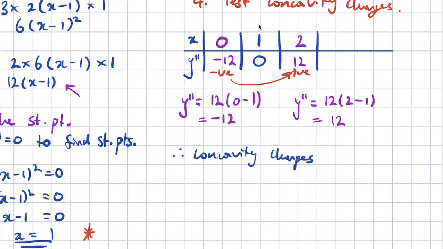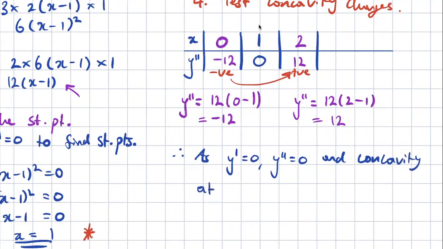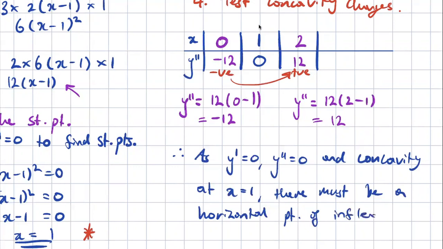Therefore, as y dash equals 0, y double dash equals 0, and concavity changes at x equals 1, there must be a horizontal point of inflection. And that's exactly what we'd expect on a basic cubic curve.